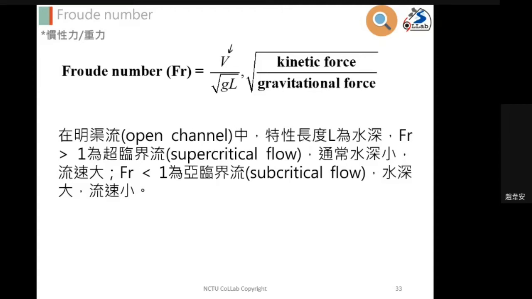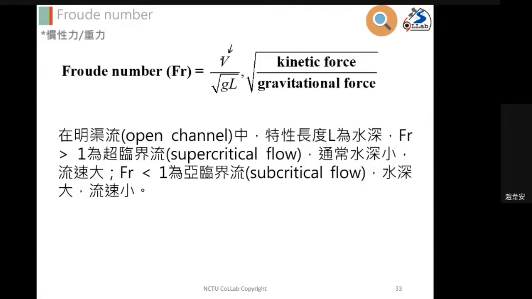If the length L indicates the water depth, the larger water depth will have a small Froude number, and a small water depth L can have a higher Froude number.